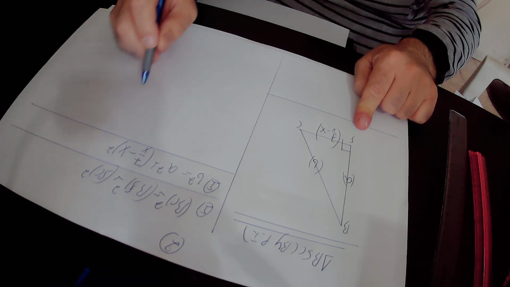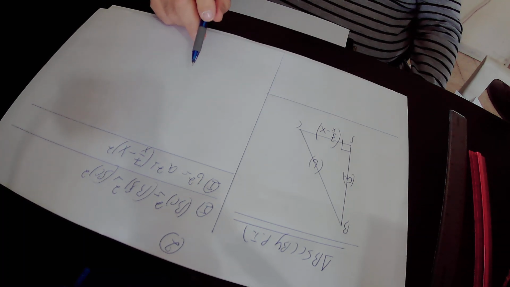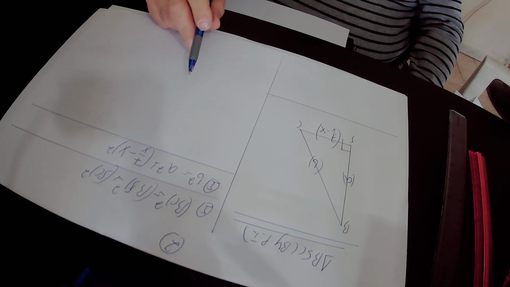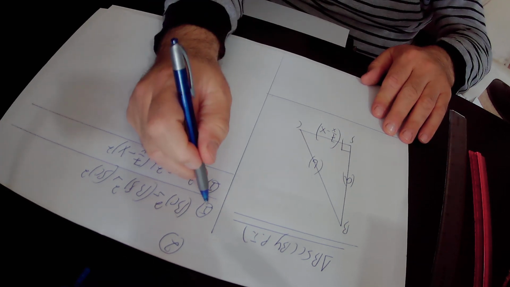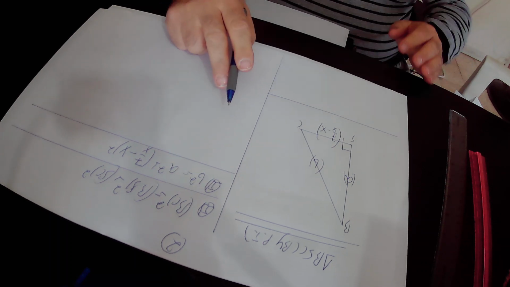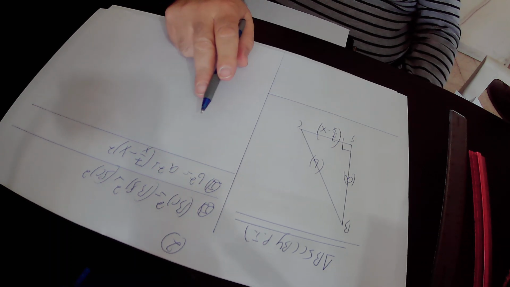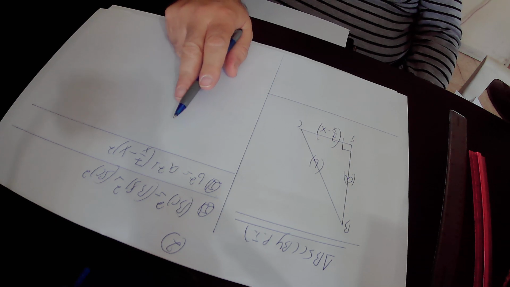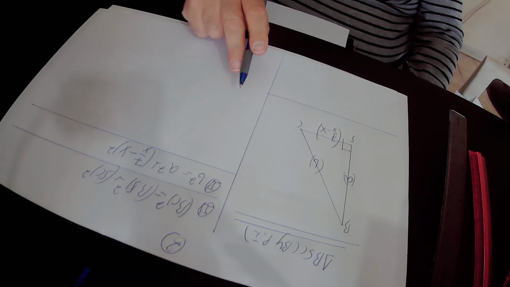So according to equation 1, we found that B square, this is actually equation 2. According to equation 2, we found that B square equals A square plus (7 over x minus x) square.